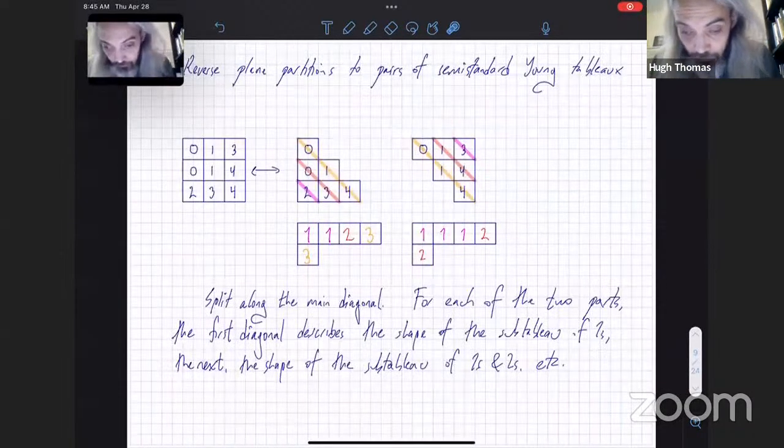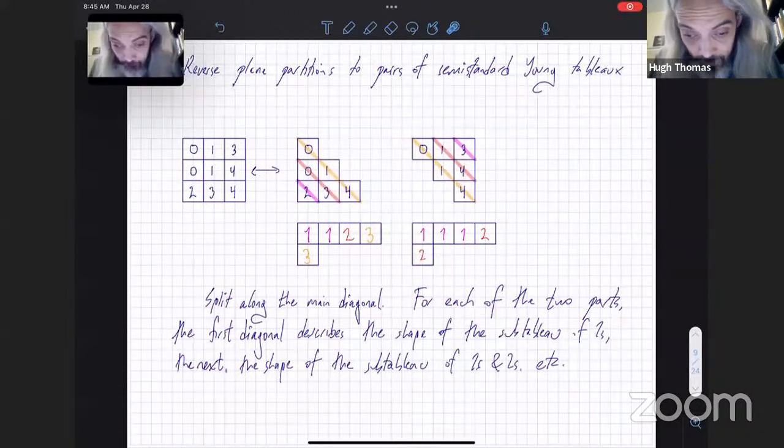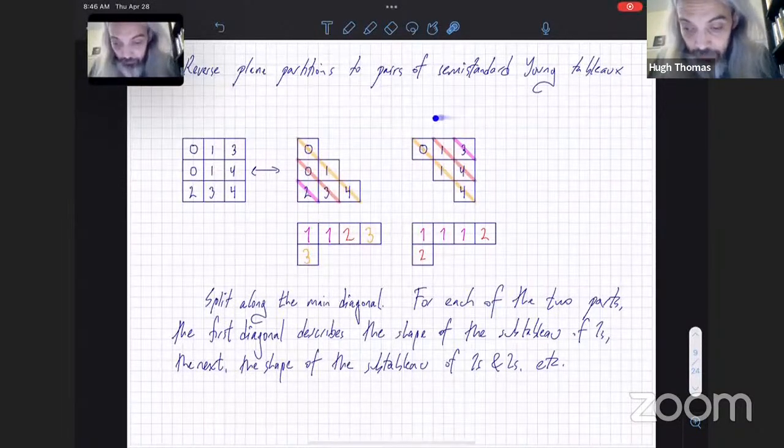So if you have a reverse plane partition, such as this one over here, how would you turn that into a pair of semi-standard Young tableaux? Well, as the first step, you split it along the main diagonal. Here's the main diagonal, and we turn it into the part that's below the main diagonal and the part that's above the main diagonal. And we repeat the main diagonal in both of the two parts.